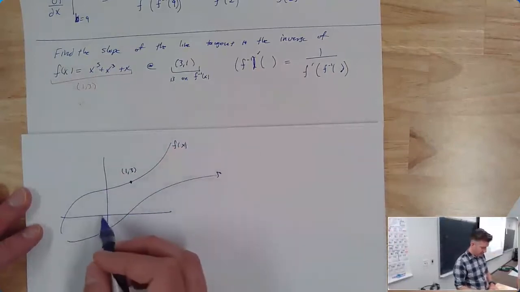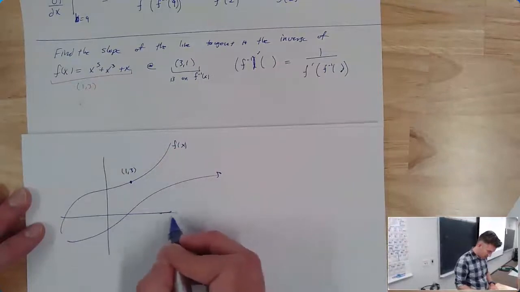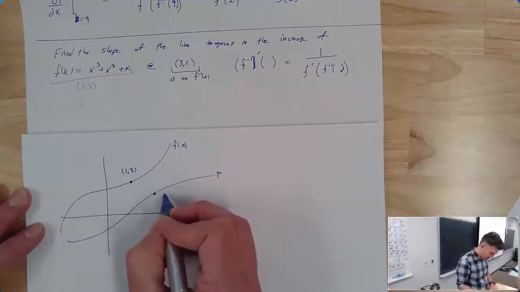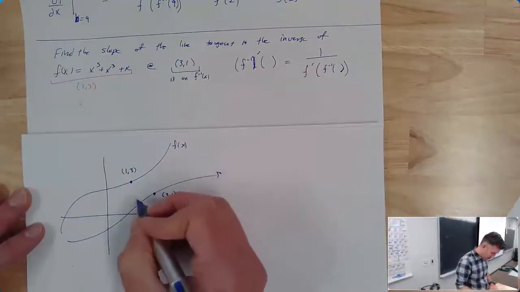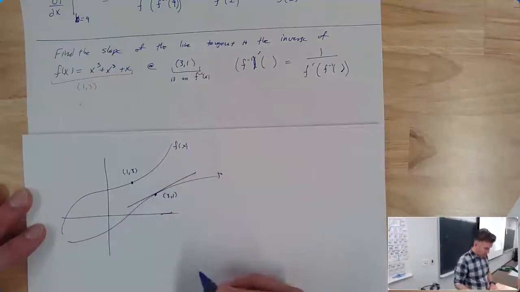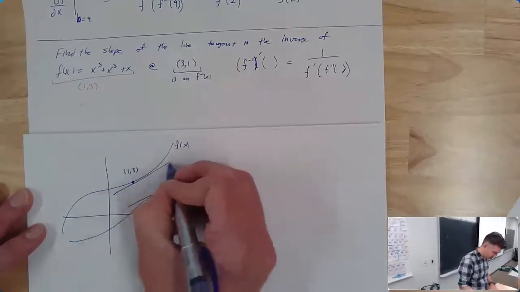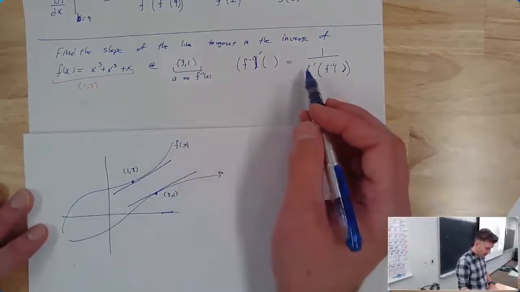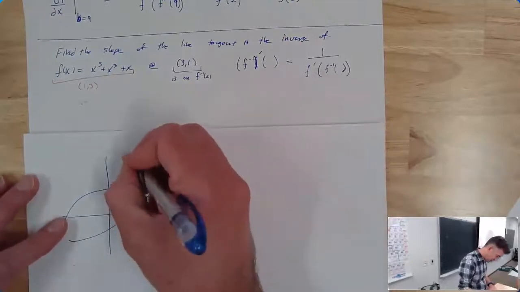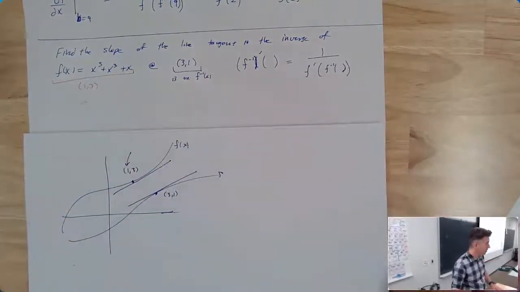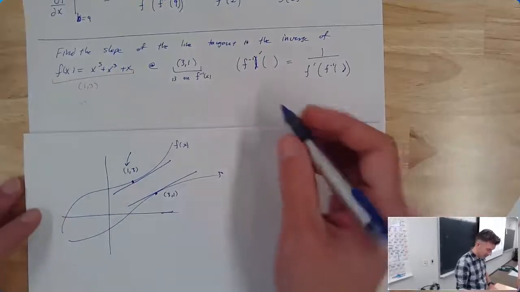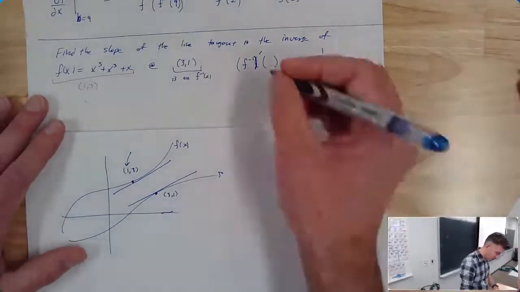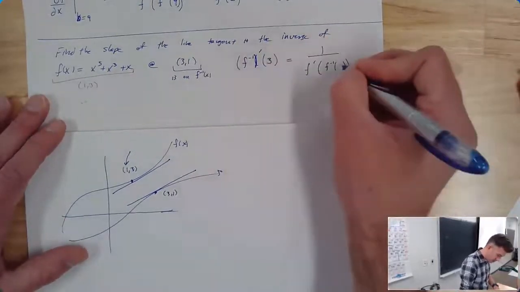I'm interested in what's happening at my inverse at the point 3, 1. So I want to find the slope of this line here, which means I'm going to find the inverse of the slope of this line here. So I want to find 1 over f prime at that point there, which means it's going to be f inverse of 3.